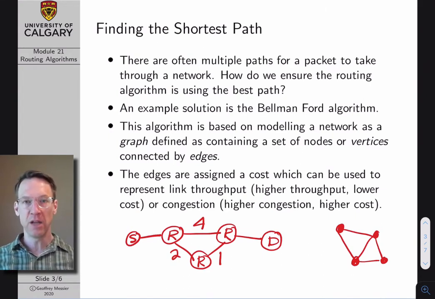Also, you could imagine the cost of a link being adjusted dynamically based on traffic. So if a link was experiencing a lot of congestion, a lot of packets, then its cost would go up, whereas a link that was relatively quiet could perhaps reduce its cost in order for traffic to dynamically flow from higher, more congested areas of the network to lower congested areas of the network.